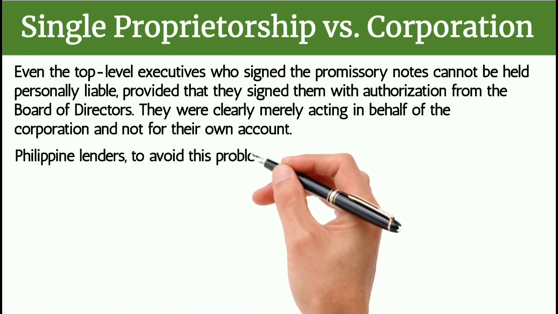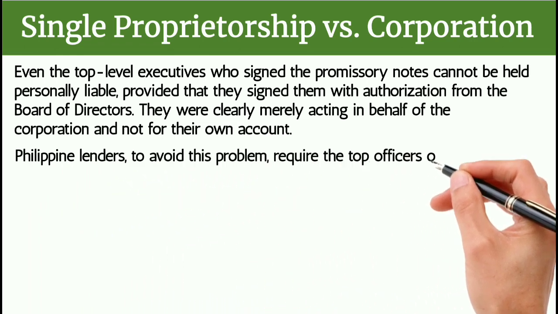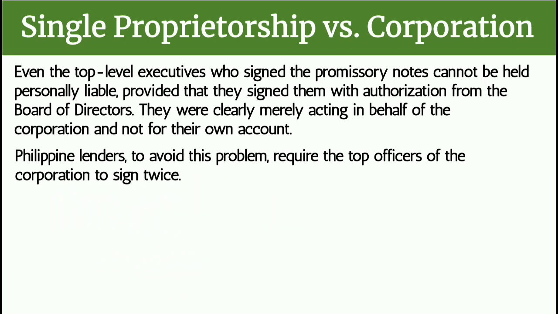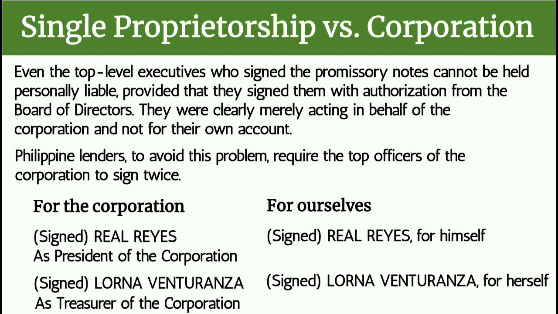Philippine lenders, to avoid this problem, require the top officers of the corporation to sign twice. For example, si Real Reyes ang president ng corporation at si Lorna Venturanza ang treasurer ng corporation. They will sign twice for the corporation and for themselves. With this technique, the corporation is bound to pay the debt.